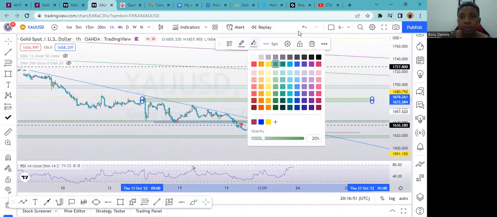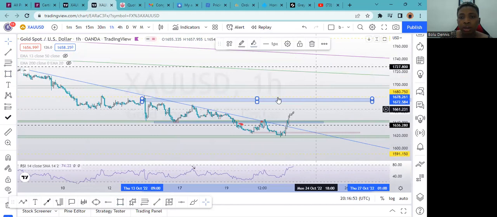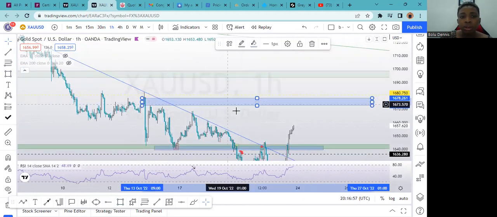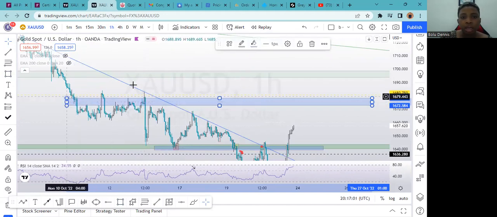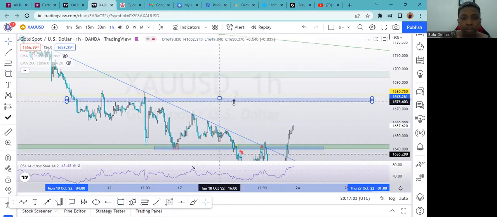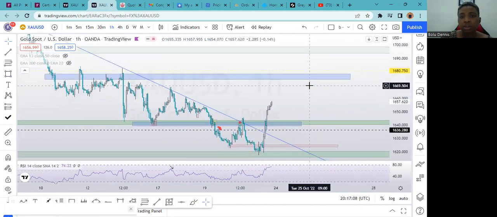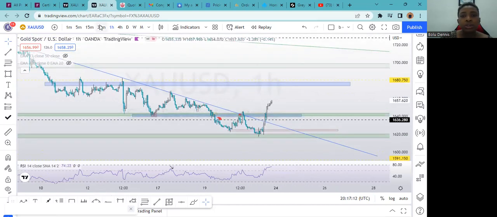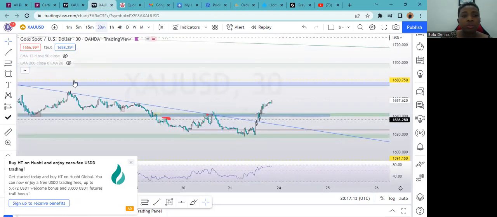I would prefer to do that. Ultimately, this is a supply and demand area, basically. So it's still the same thing, just preference. So I do see gold to keep pushing up.